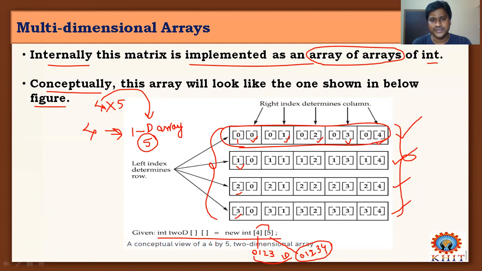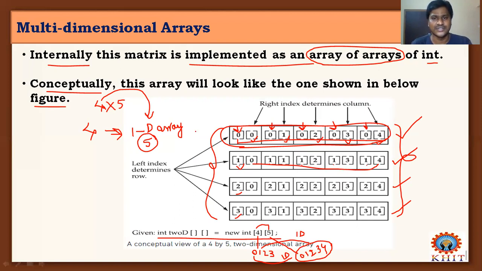In this first one-dimensional array, row index 0 is common for every element. And the next one-dimensional array has row index 1, with 5 column indexes 0 to 4. So here 1 is common in every row index position, and the column changes from 0 to 4. Like this, we organize 2D arrays.